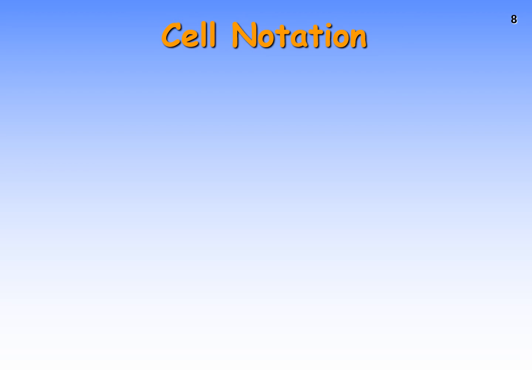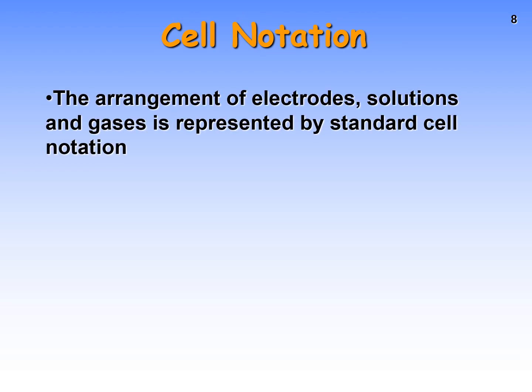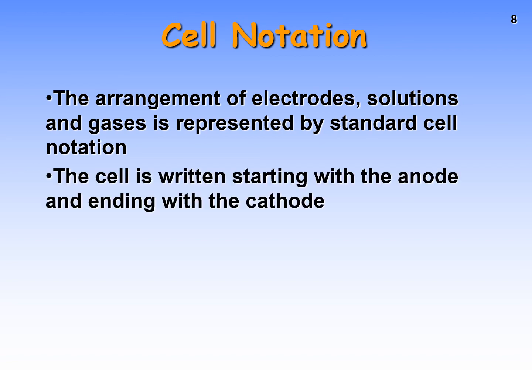All right, so let's talk about cell notation, kind of like nomenclature when we're talking about molecules. We have ways of shortcutting that whole big picture I showed earlier. So cell notation is a little tricky. It's a shorthand description of the arrangements of electrodes and solutions and gases represented in a voltaic cell. The cell is written starting with the anode and ending with the cathode.